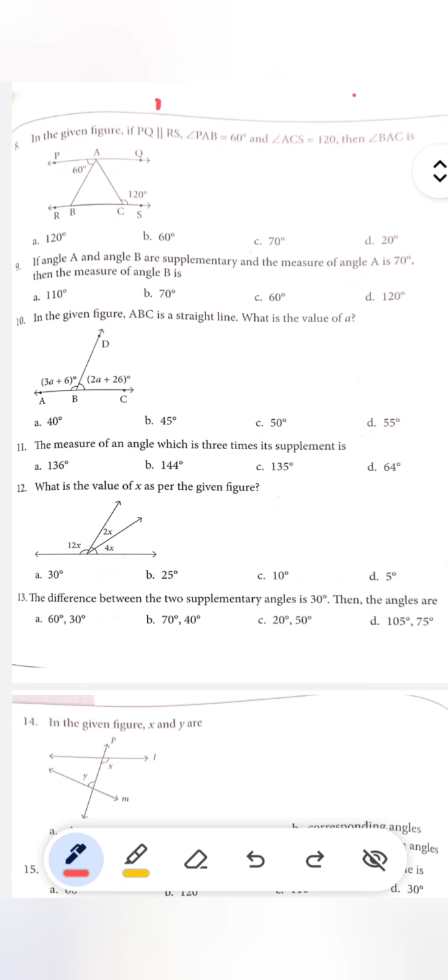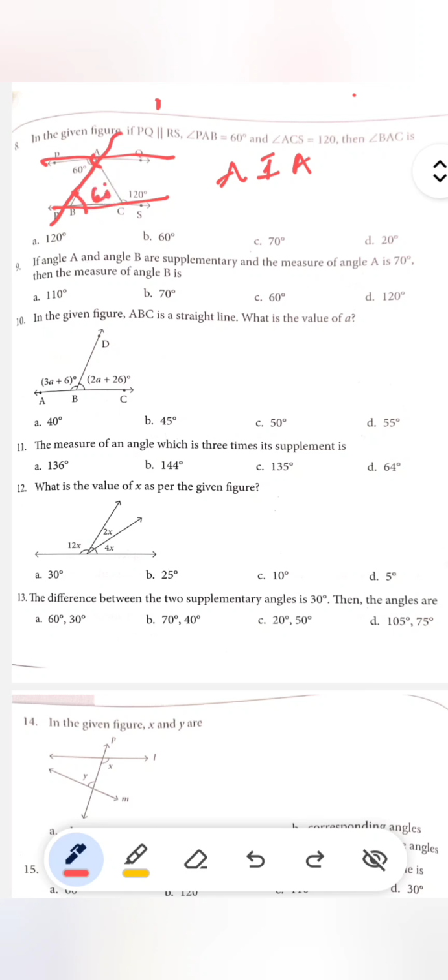Okay. If these two are parallel to each other and AB is the transversal. Let me draw it properly. AB is the transversal, then angle PAB is equal to angle ABC, because they are alternate interior angles. Correct? So in this way this one will be 60 degrees.